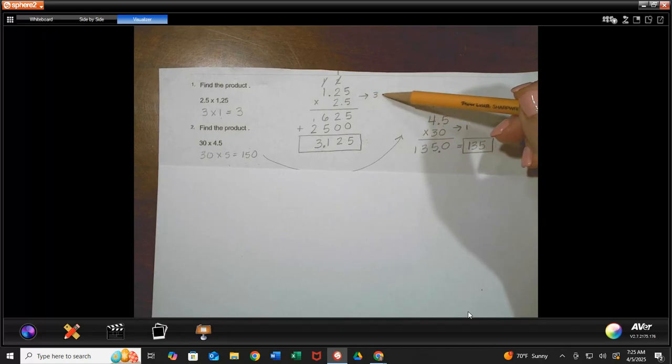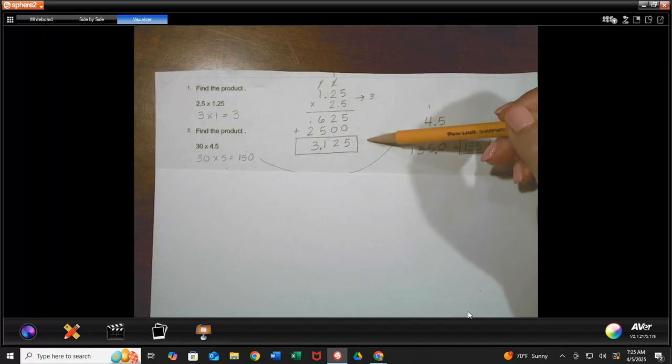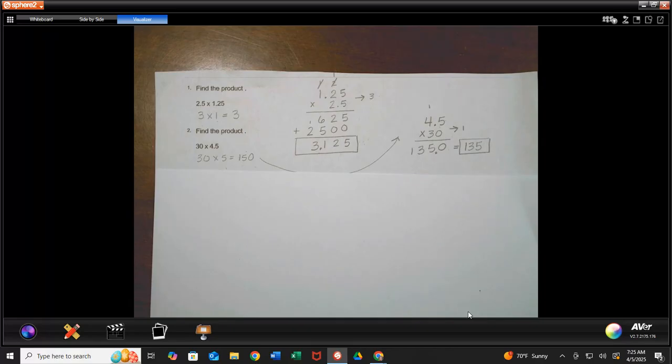I showed you in class, I always notate that, and then in my product, I make sure I place the decimal point so I have 3 numbers behind it. So I have an estimate of 3. My answer is 3 and 125 thousandths.